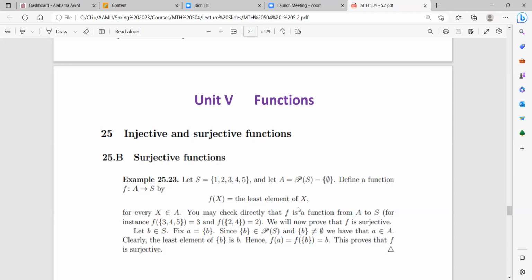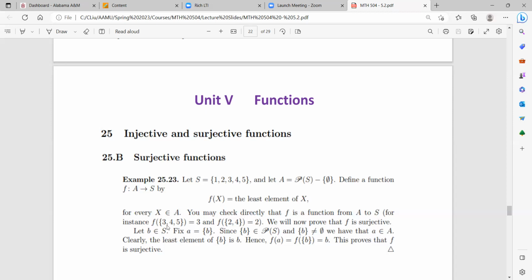So it's easy to see that f is a function from A to S. For example, f of the set {3, 4, 5} is equal to 3, the least element. f of the set {2, 4} equals 2, the least element. So you can define different types of functions. This function is defined from a set to a number.